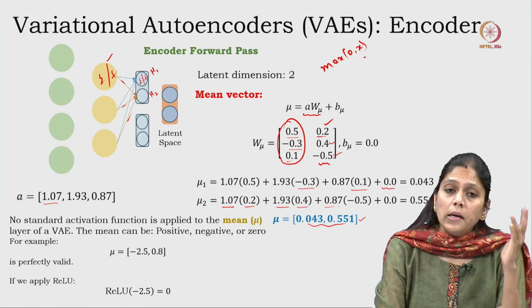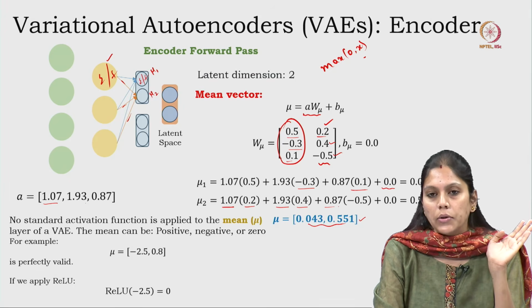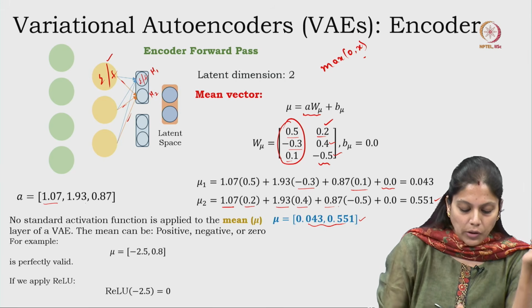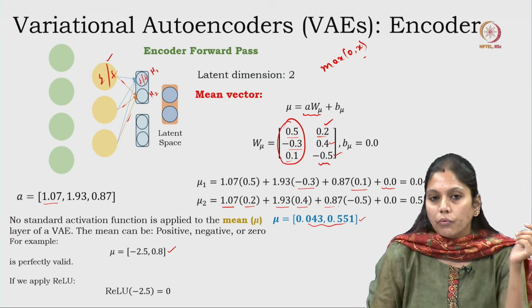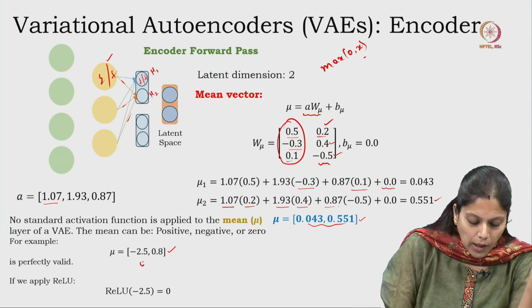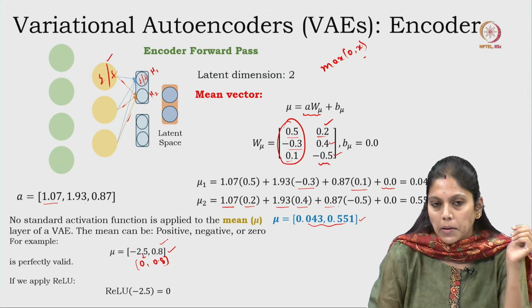Now, when it is a negative value, that does not mean that it is wrong. The mean can take a negative value, but when you apply an activation function, suppose the mean is a negative and a positive value, after we apply an activation function, is it not we get a 0 and a 0.8? So, this value becomes a 0 and 0.8 is positive, so it is retained.